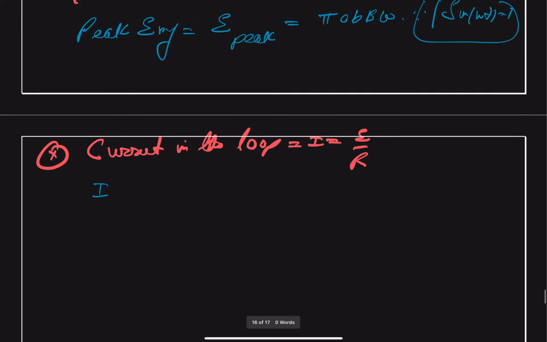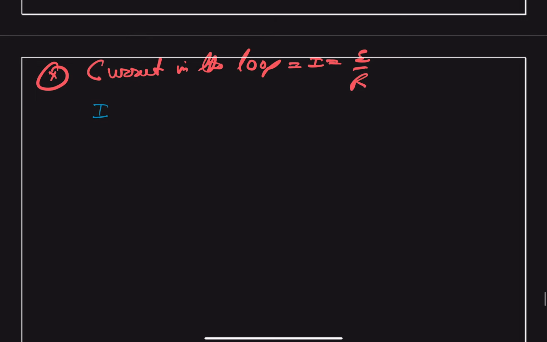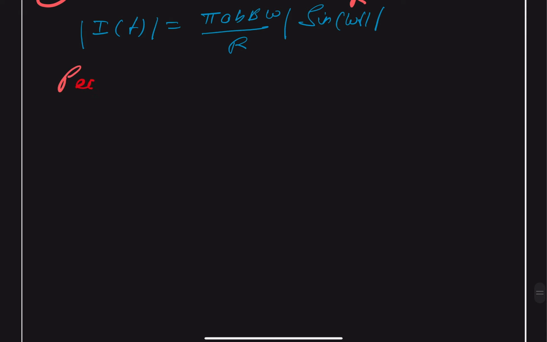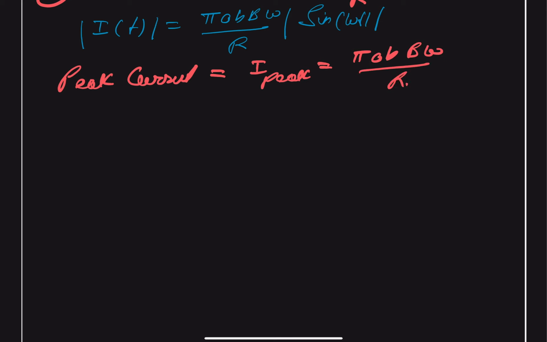Let's make it time dependent, because our EMF is also time dependent. We can say E of t, and its magnitude will be equal to pi AB magnetic field omega sine of omega t, and the current is this divided by R. We can also find out the peak current. We can call this I peak, which will be equal to pi AB magnetic field omega divided by R.